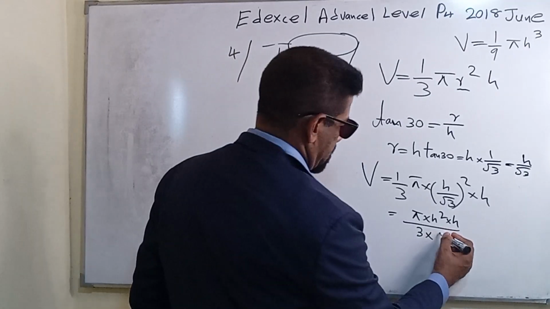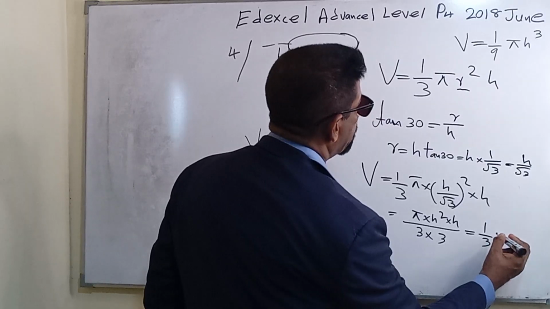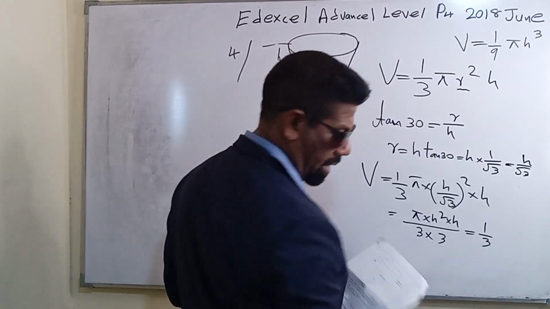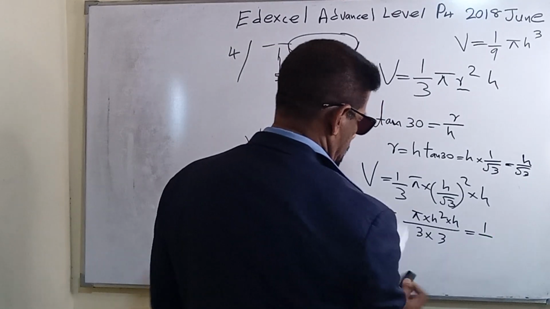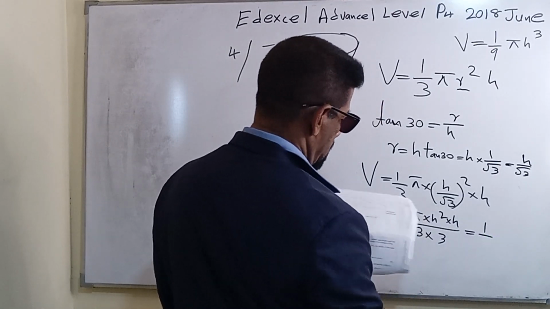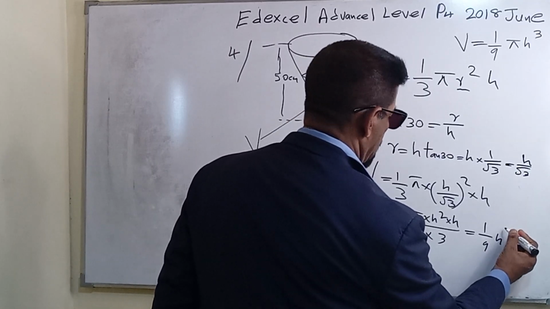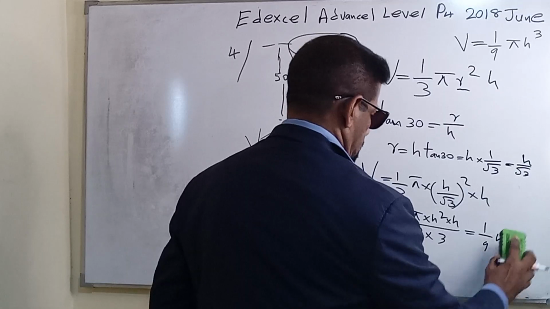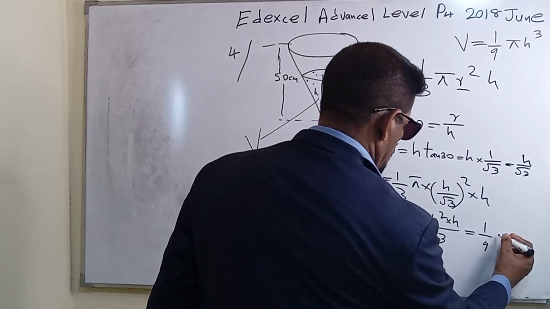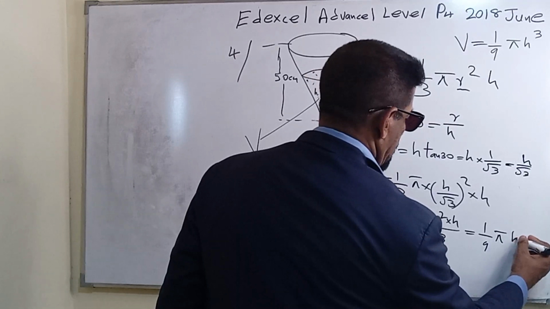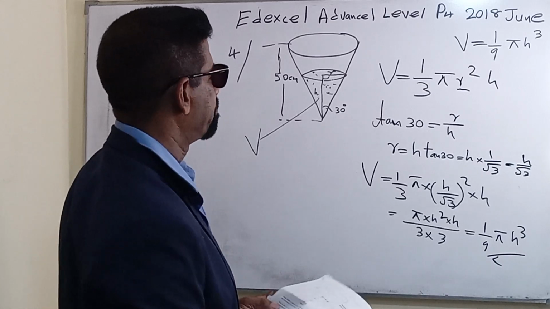So the answer comes V equals 1 over 9 pi h cubed. This is the first part, okay.